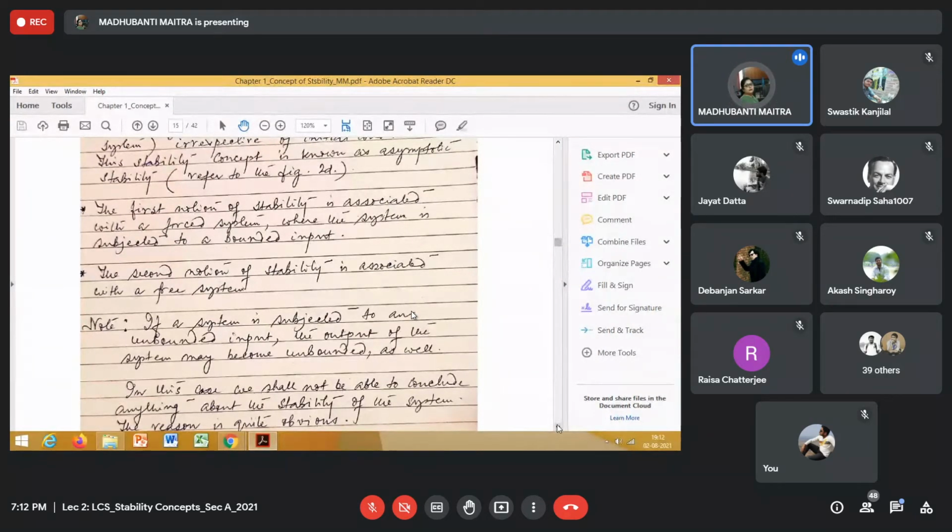So if the input itself is unbounded, then obviously the output will be unbounded, right? So nothing can be concluded about the stability of the system. Have you understood?